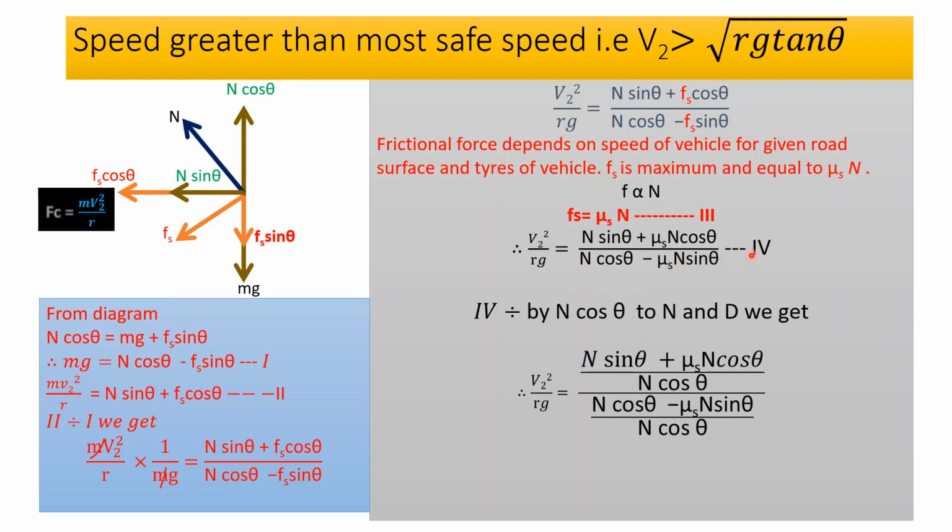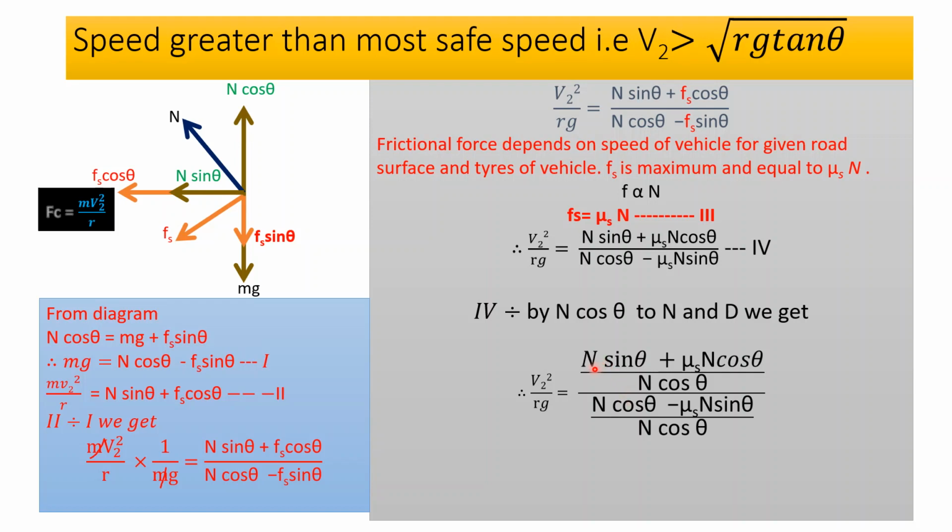Now divide equation 4 by N cos theta in the numerator and denominator so that it will not change the value of equation 4. So v square upon rg is equal to N sin theta plus mu s N cos theta upon N cos theta, divided by N cos theta minus mu s N sin theta upon N cos theta. Split this term in the numerator as well as the denominator.